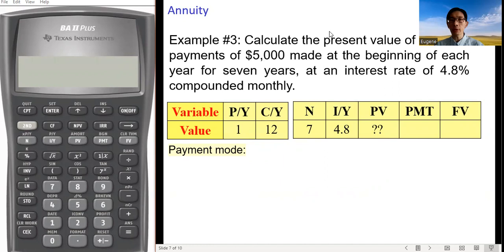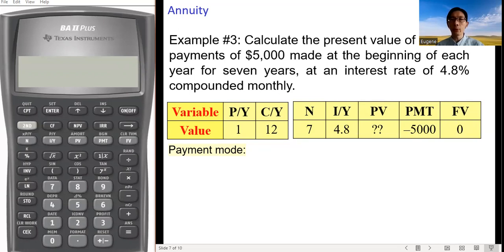The question asks about the present value. The payment amount, negative 5,000, because this is payment, cash outflow. And then for FV, no information is given in this example, so we assume that FV equals 0.